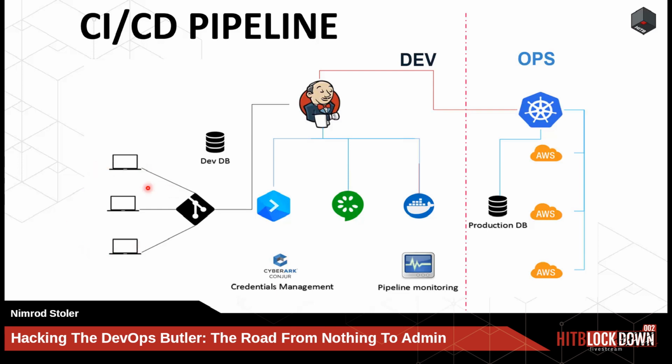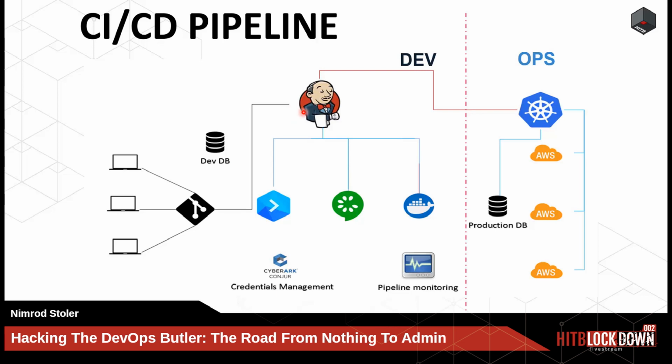Here on the left side, we have the dev part, and on the right is the ops. The general scheme here is the following. Developers located here are pushing code to the code repository, which is in turn notifying Jenkins about the new code using a webhook.